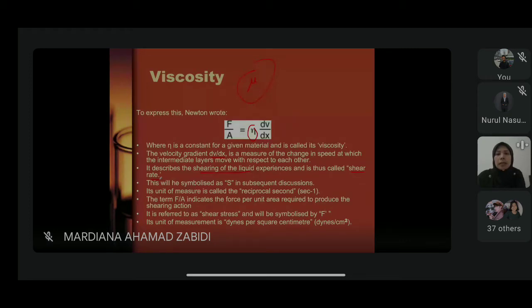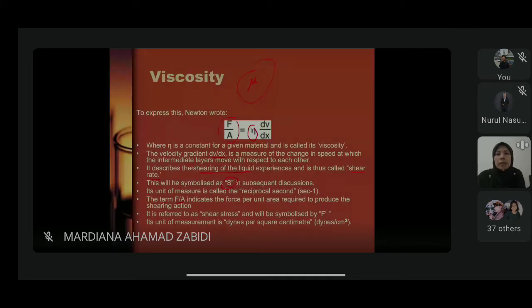Time required for that particular liquid to be able to move according to the direction of the rotation. Okay, so this particular shear rate is symbolized as S. Alright, and then the unit for this shear rate is per second. And F over A, this one force over area, indicates force per unit area required to produce the shearing action.